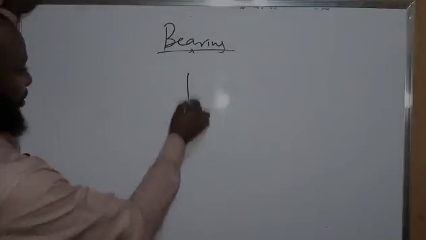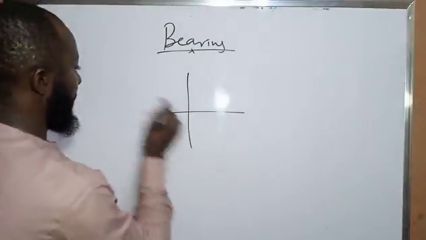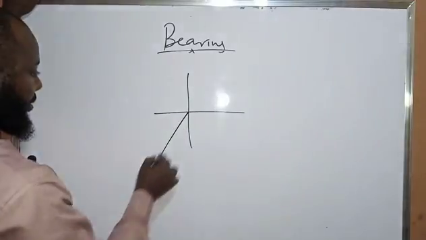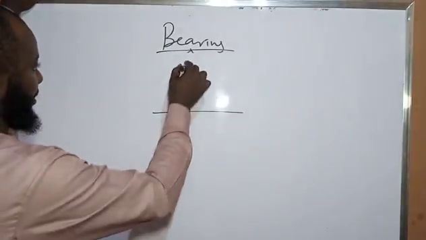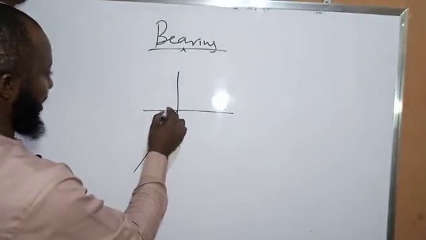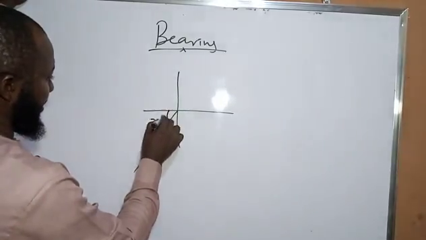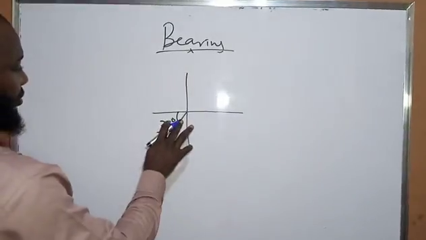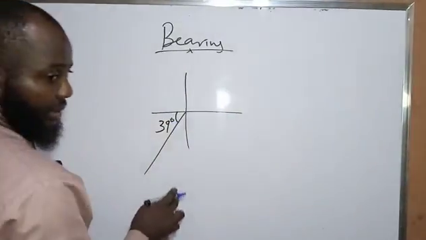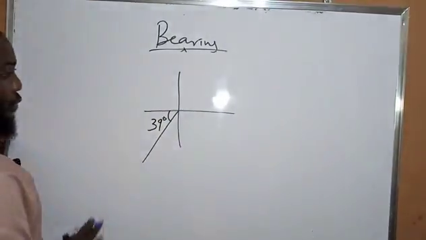It's possible you have this in the question. You have something like this, and nothing is written here. Let's say you have 39 degrees here. They now ask you to write out the 3-digit bearing of this figure.